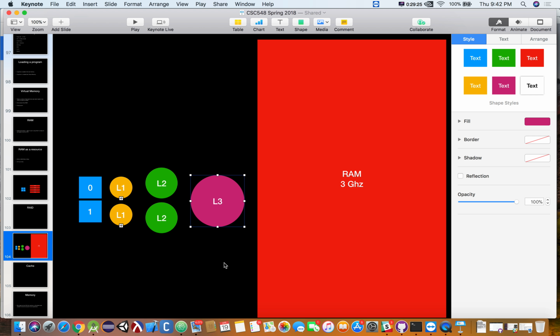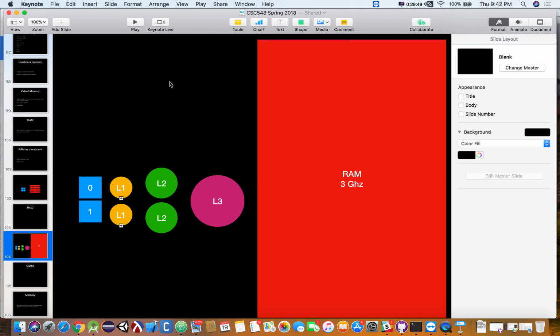Something like that. Okay? With probably similar drop-offs in speed. All of these guys are going to be faster than this memory, but they're going to be a lot smaller and a lot more expensive per bit if we want to break it down to that level. All right? So the purpose of cache is to hopefully smooth out the performance.